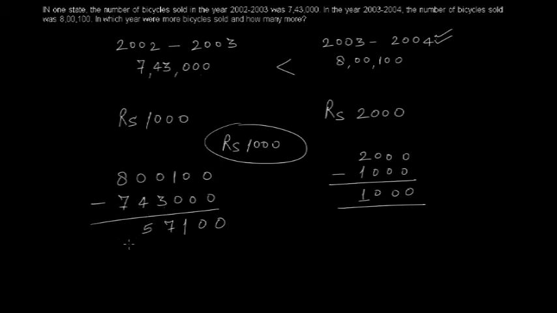So 57,100. This will come 0, right? This will come 0. So you will ignore 0. If there is 0 before any digit, you will ignore it. So 57,100. This is the number of bicycles sold more in comparison to the year 2002 and 2003.